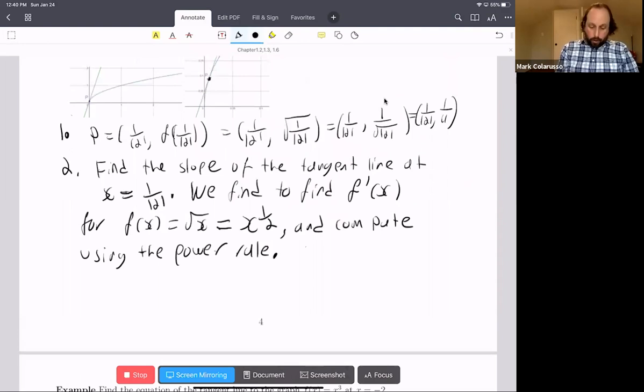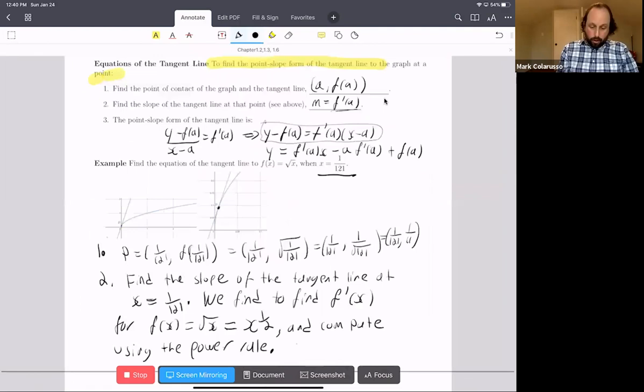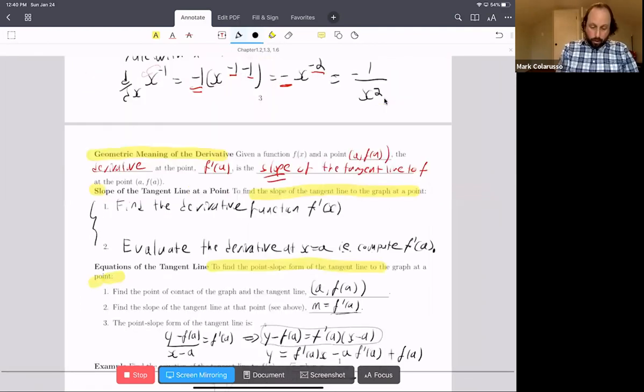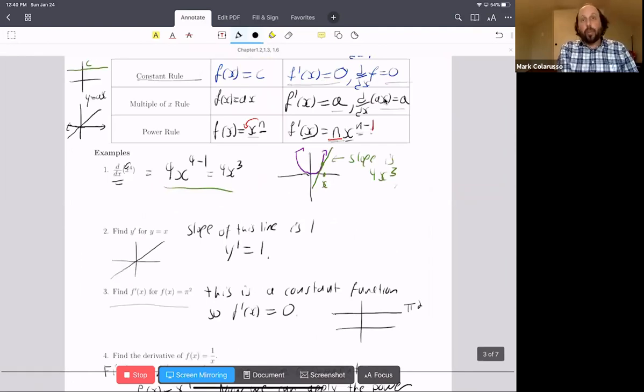So let me zoom back out. Okay, so the n now is 1/2. So we're going to bring the half down and subtract 1 from the exponent, subtract 1 from 1/2.